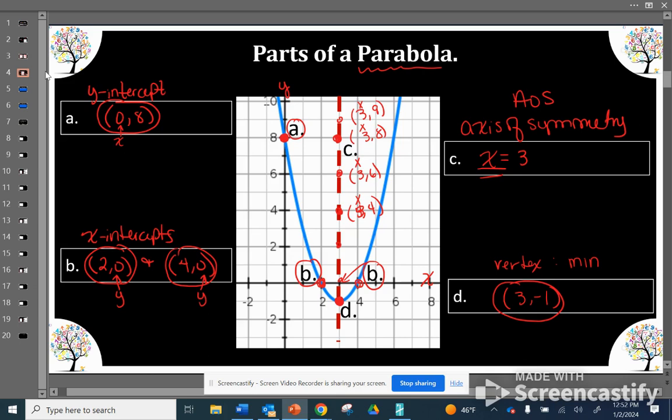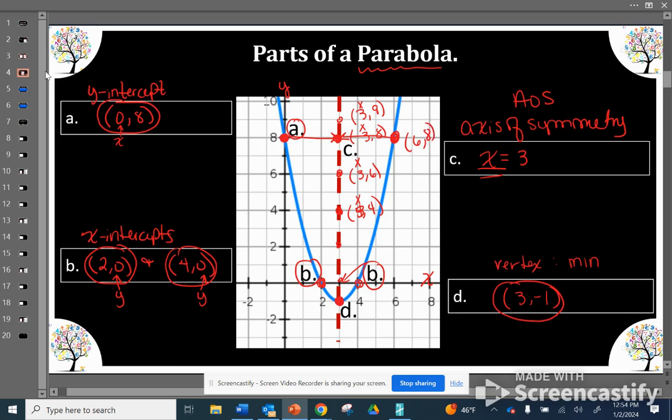So this y-intercept is 1, 2, 3 units from the AOS. So then this corresponding point is going to be 3 units, 1, 2, 3. So we could identify the corresponding point of the y-intercept, and this is point 6 comma 8.